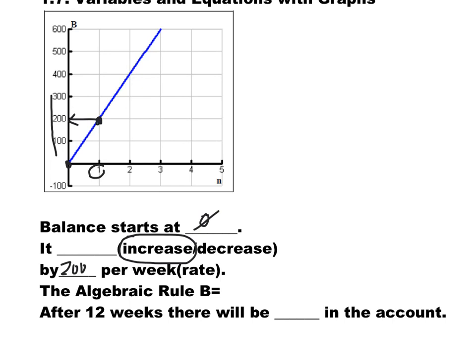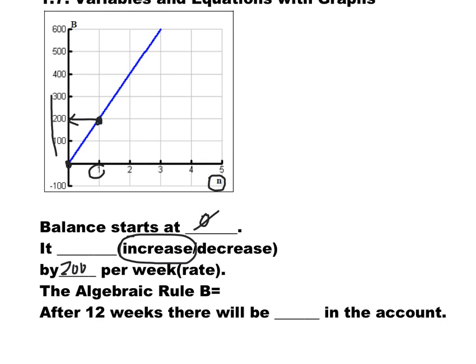Now the next one is, what is the algebraic rule, which is B equal to something. We know that our x value is really n here. What we need to do, as I said before, is find the slope and y-intercept. To find the slope, we need to find the rate of increase of the graph. You can see that every week the balance is increasing by $200.